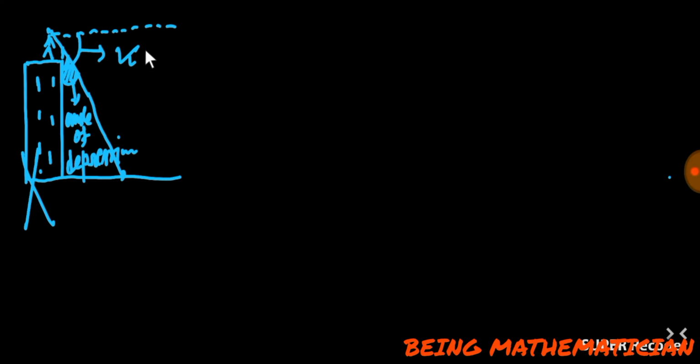Then most students assume that this angle is the angle of depression. This is absolutely wrong. The correct angle of depression is this angle. So be careful while making a figure from the word problem.